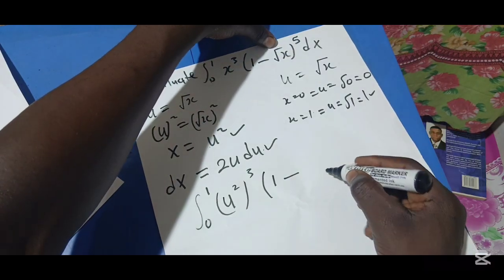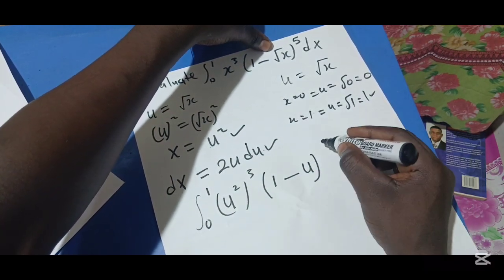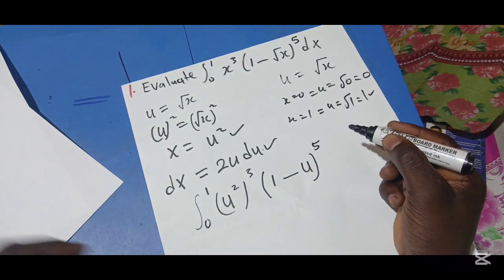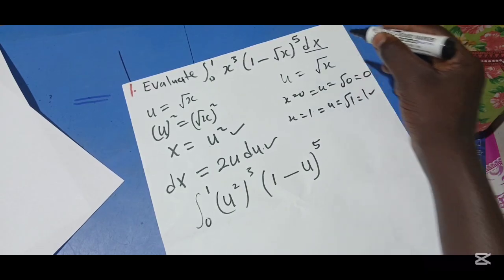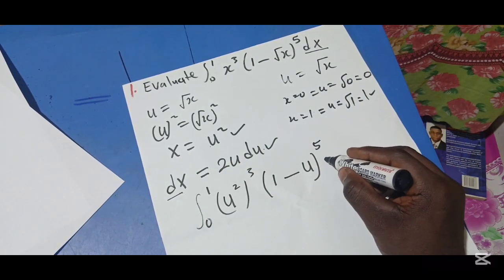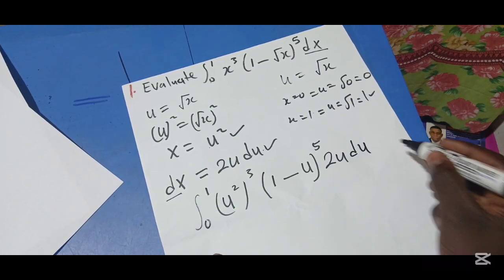So notice that at the end of the day, we are going to get a term like this in the bracket. That is one of the main reasons why we are doing this. And now we also have to replace our dx, and we already solved our dx here. I had to get dx equal 2u right here du.